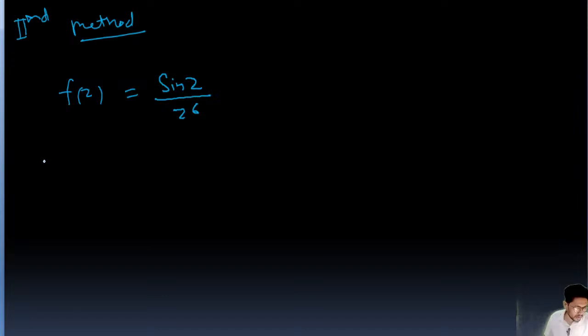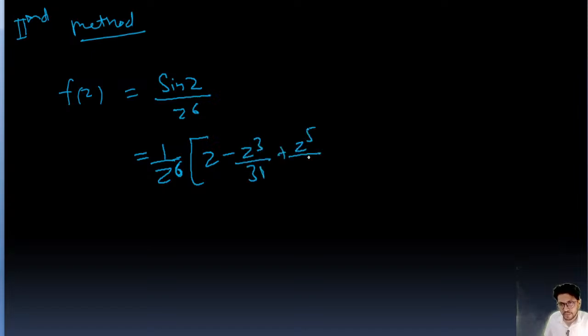So what we are going to do is expand it. 1 upon z to the power 6 we know, and sin z we will open: z minus z cube upon 3 factorial plus z to the power 5 upon 5 factorial plus so on.